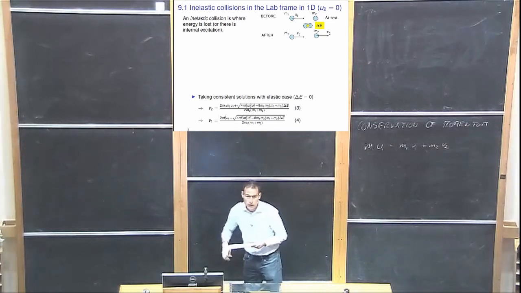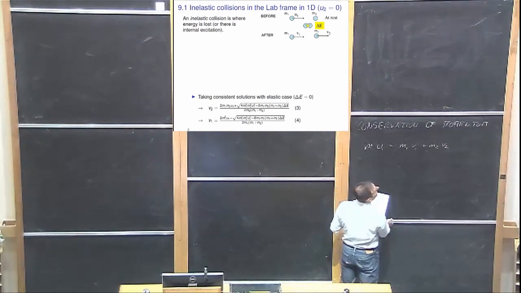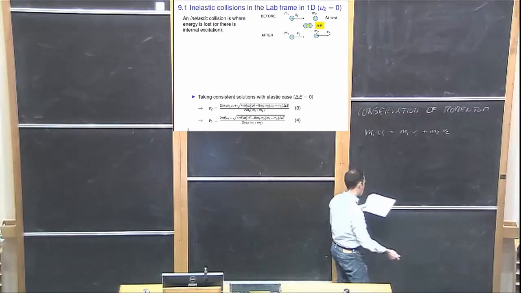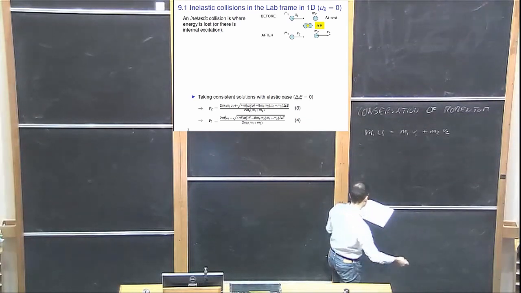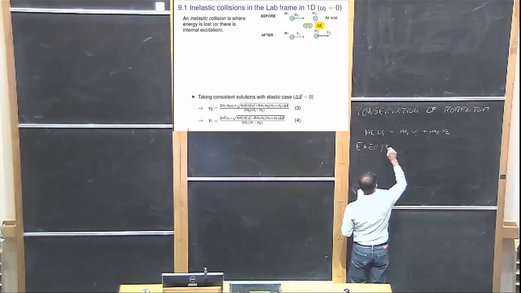U2 is naught, and we will also stay in one dimension, so that just makes things a little bit easier. So this is the first one, and the second one is the energy conservation.